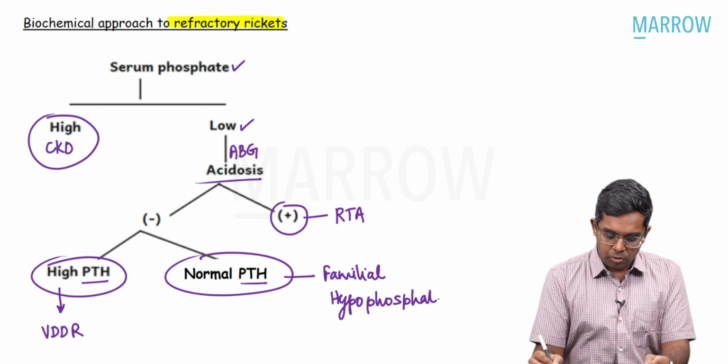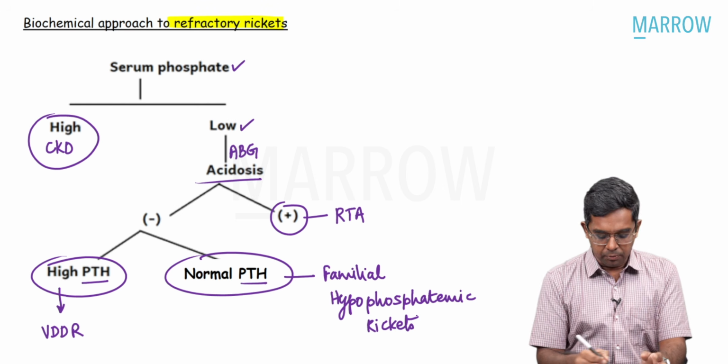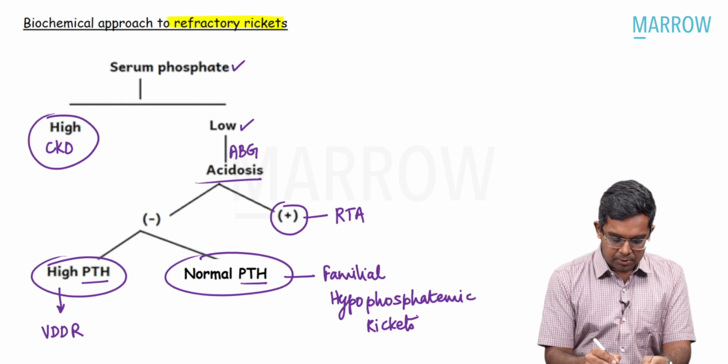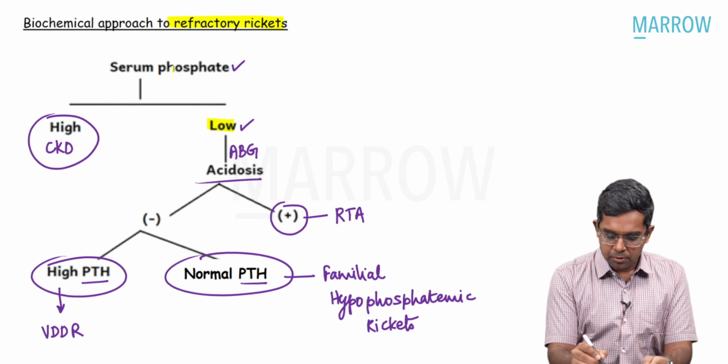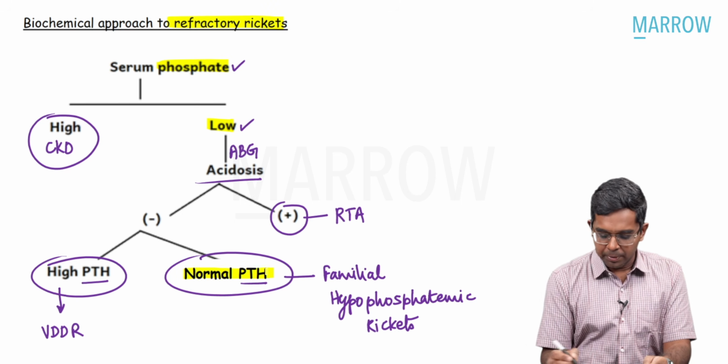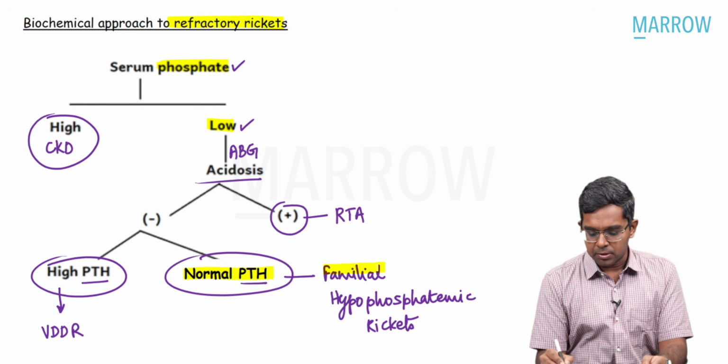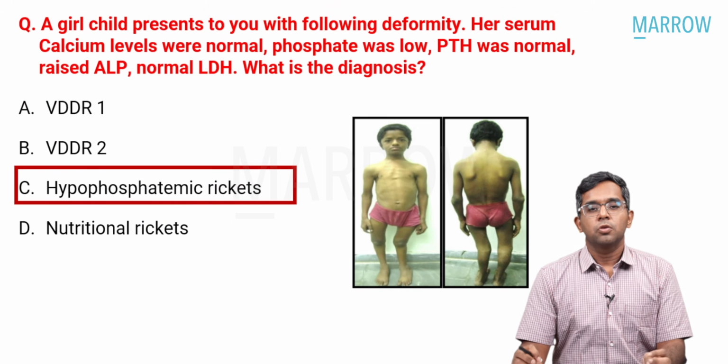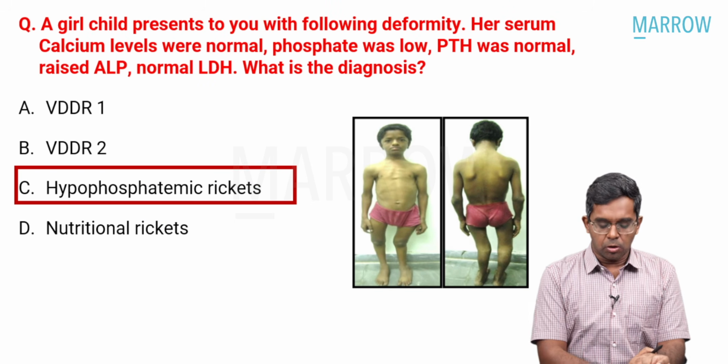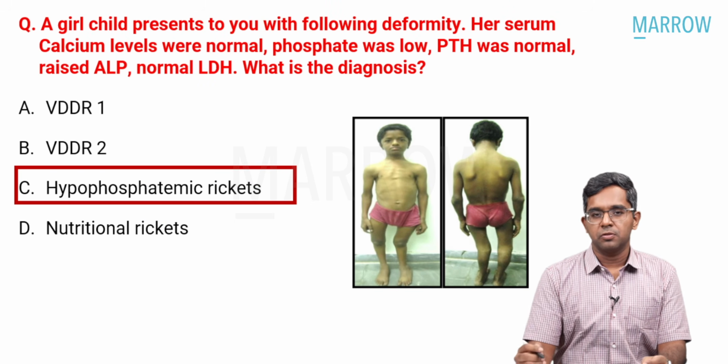Now, in this question, if you have observed, it is clearly mentioned that there is low serum phosphate as well as normal PTH, which brings us to the answer for the question as familial hypophosphatemic rickets. So, for this particular question, the answer is option C, which is familial hypophosphatemic rickets.